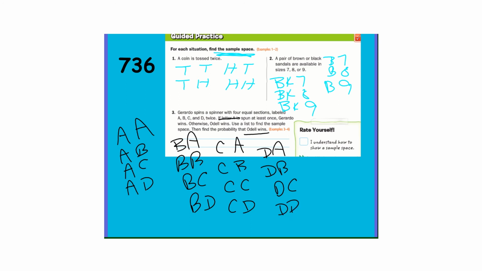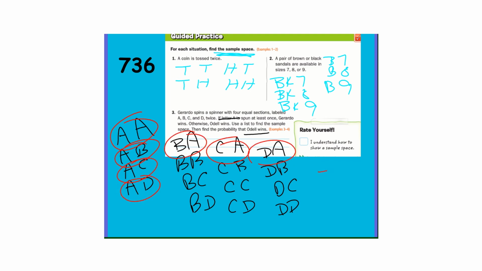I'm just going to look here at which ones Gerardo wins. Let me get my red color here. So Gerardo is going to win as long as an A pops up. 1, 2, 3, 4, 5, 6, 7.